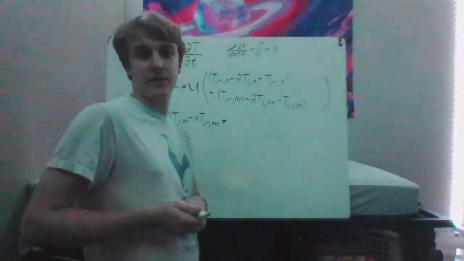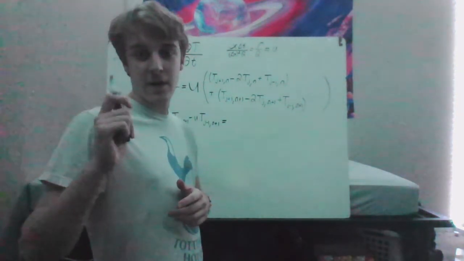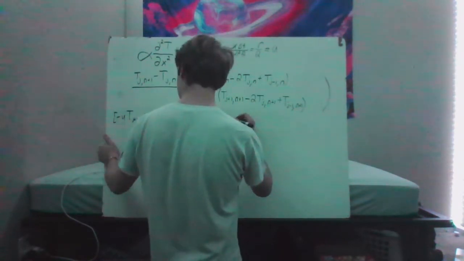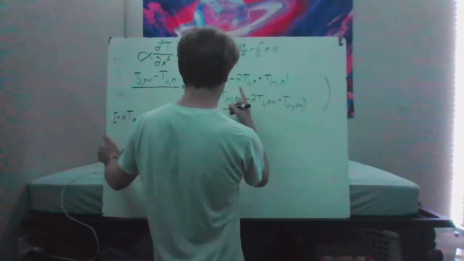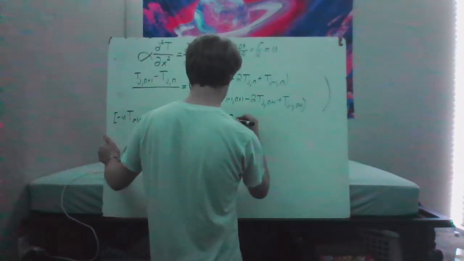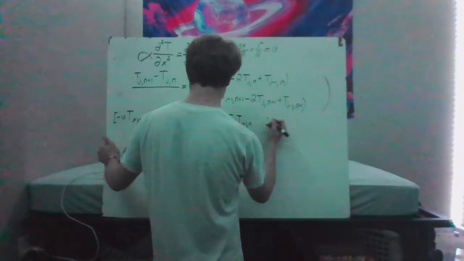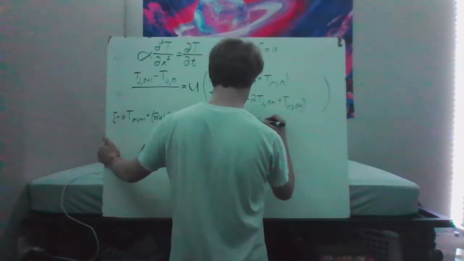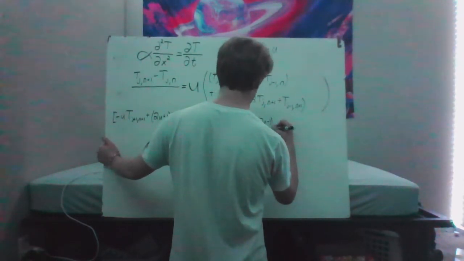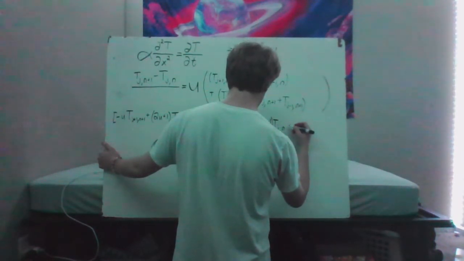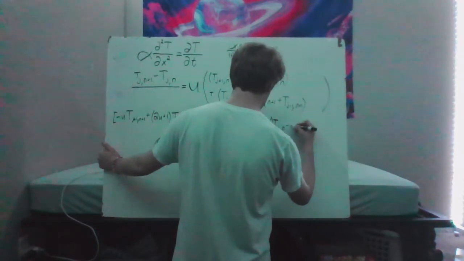And then now we can do the other side with our n's, and that one will start off with u T j plus 1 n, plus 2u minus 1 T j comma n, and then minus u T j minus 1 n.